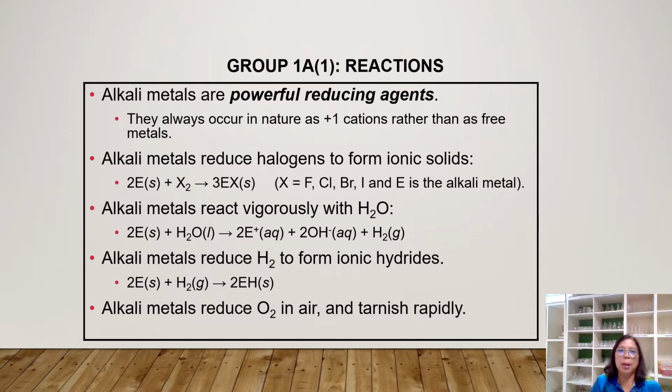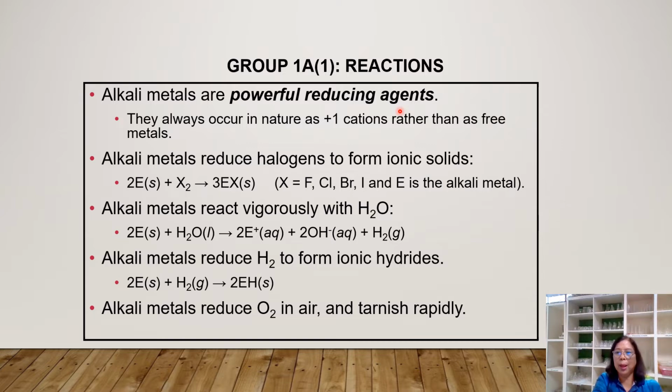Okay, here are some chemical properties or other characteristics of group 1A in terms of reaction. Alkali metals are powerful reducing agents. They are usually used as an example in explaining reduction-oxidation.